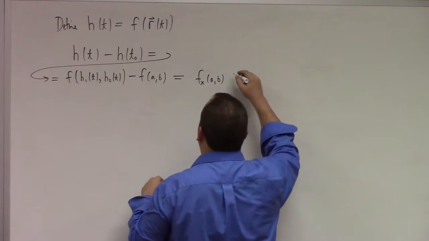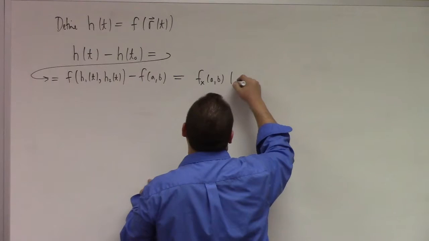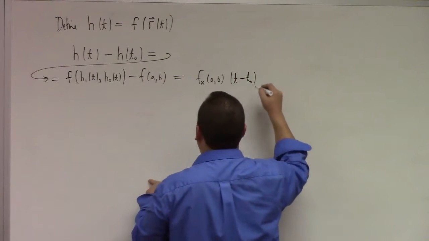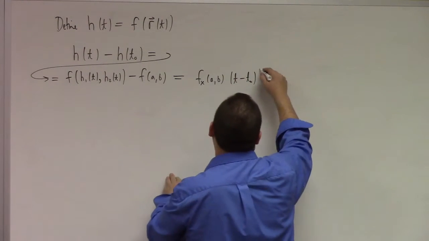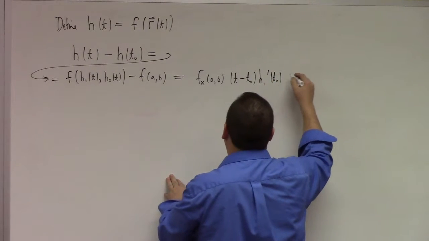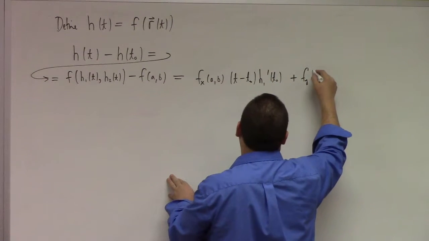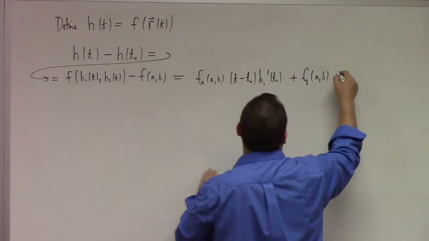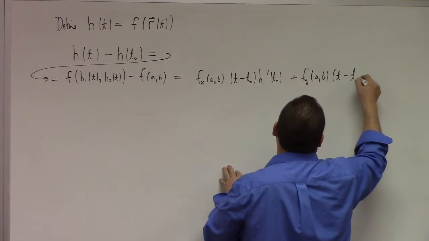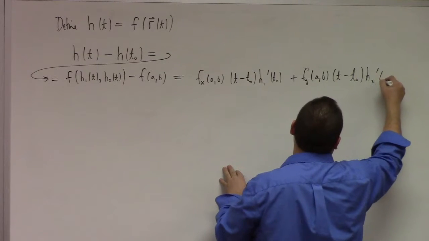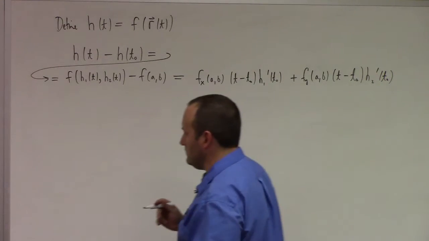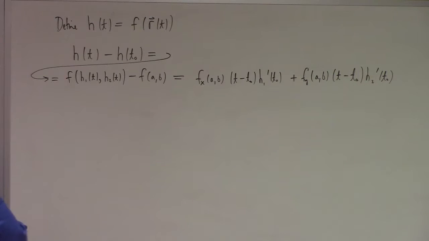Something seemed wrong here. Right, well, I'm going to keep going with it. The thing that's bothering me is the t minus t naught. I'm not happy about that.